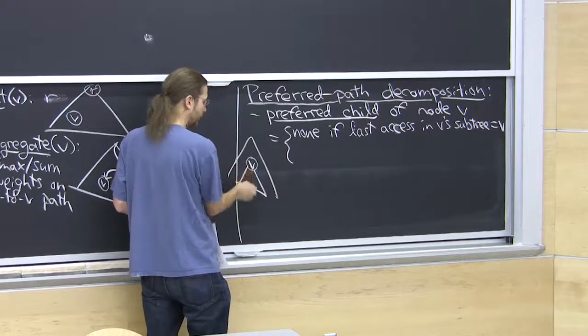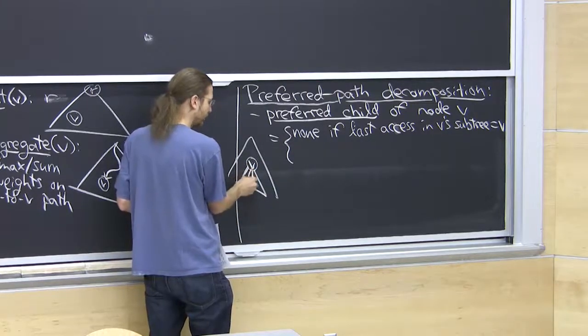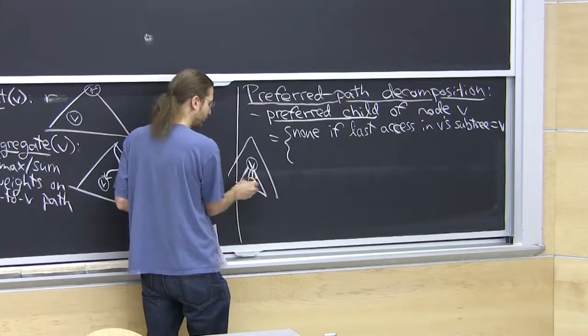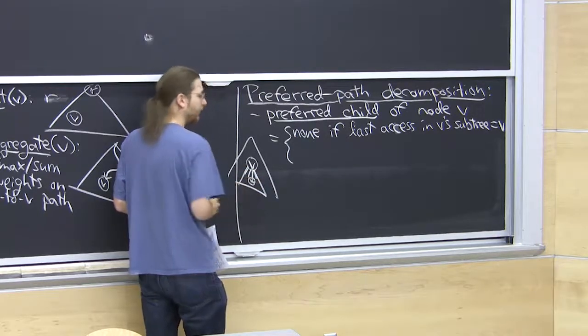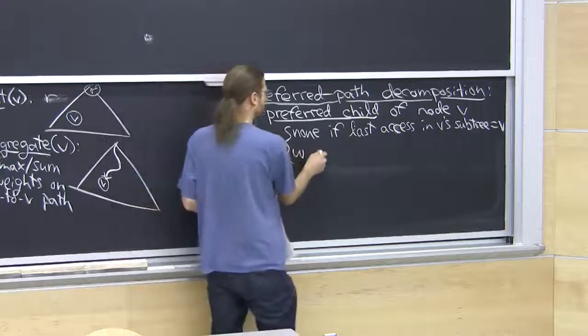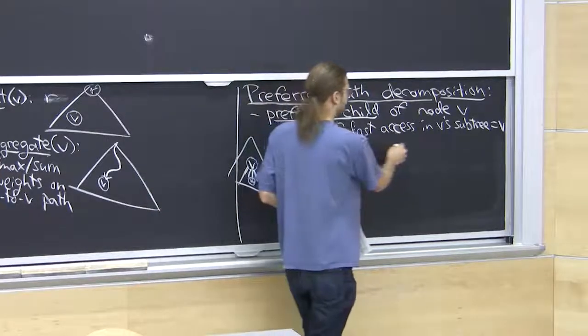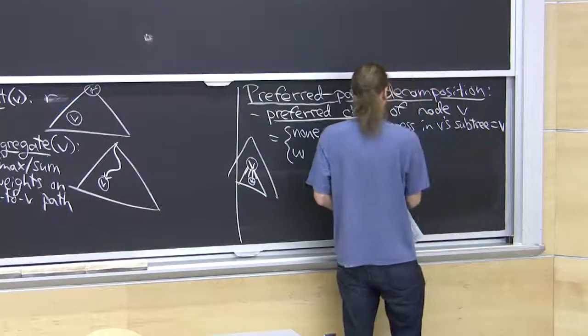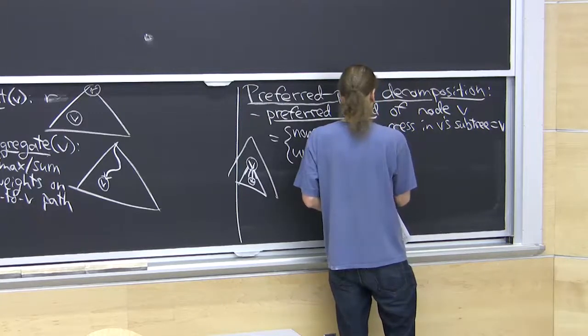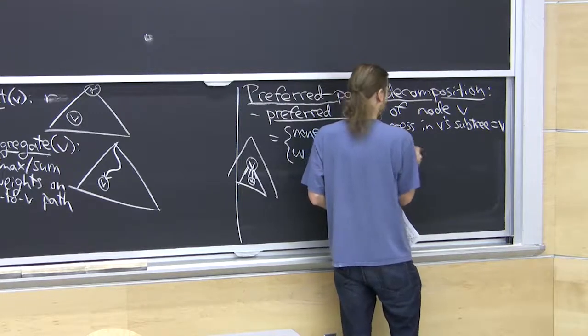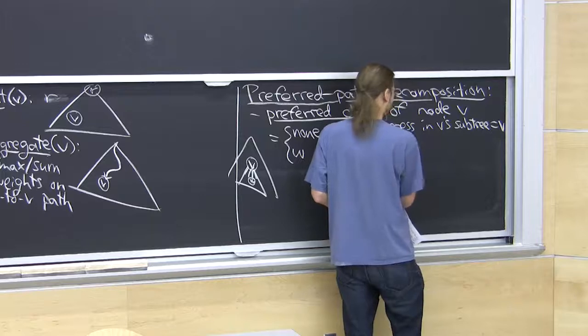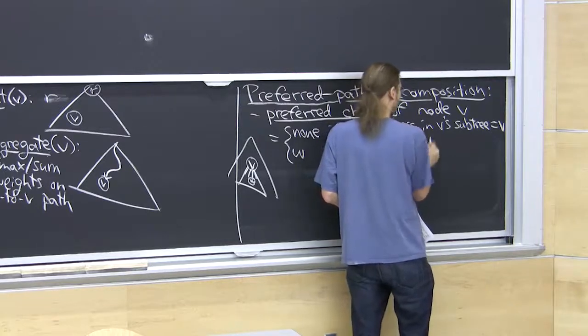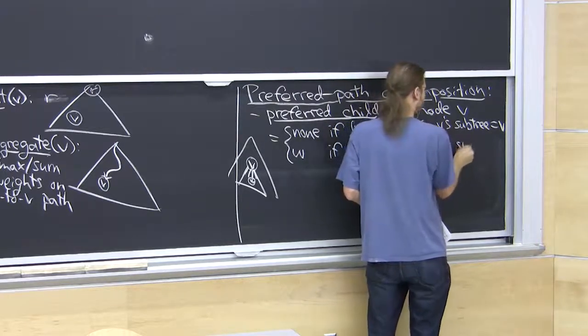Otherwise, the last access within the subtree was in one of these child subtrees, and whichever one it was, we say W is the preferred child. So if the last access in V's subtree is in child W's subtree.